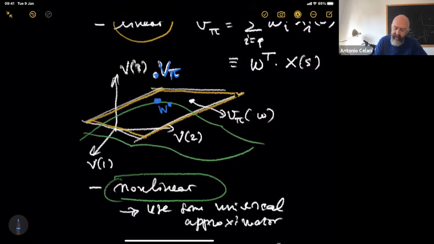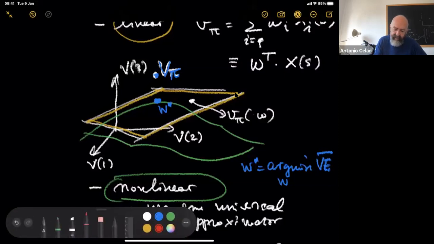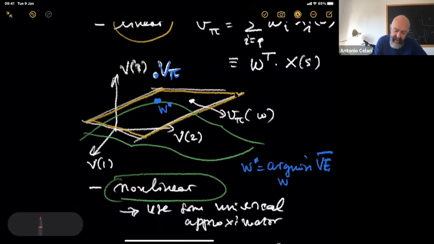So this w star is the argmin over w of the VE. It's the closest point within a linear approximation to the true value. Temporal difference learning or semi-gradient approximation gets somewhere else in general, and this is what we call our w_TD.